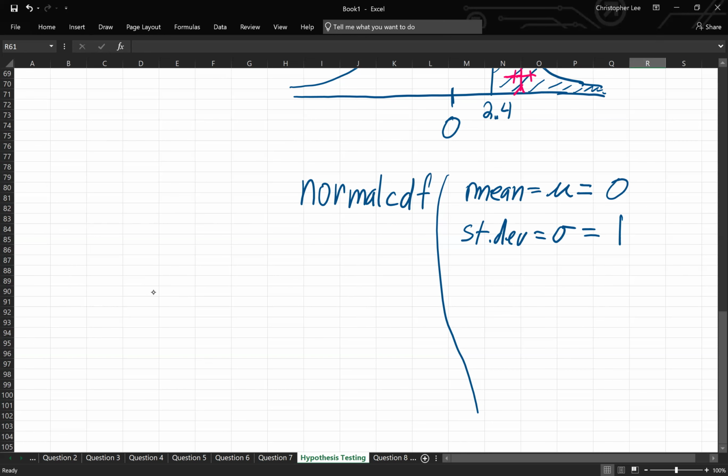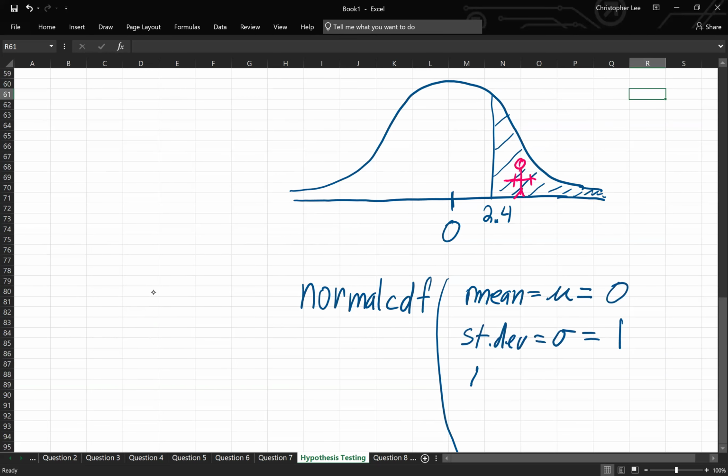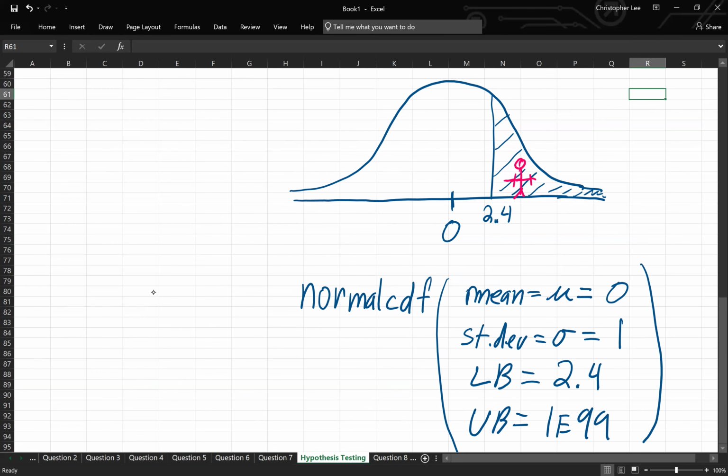Very good. What's my lower bound here? 2.4. Remember, I'm looking at where I'm standing. Anything to my left is a lower bound, 2.4. What is my upper bound? 1E99. Excellent. Any questions on this?